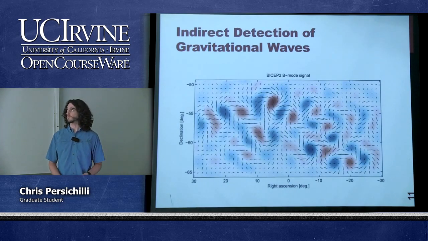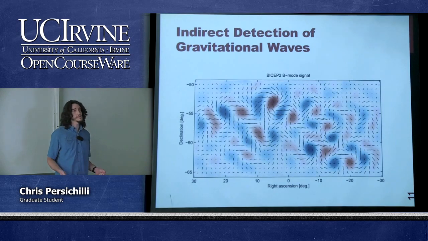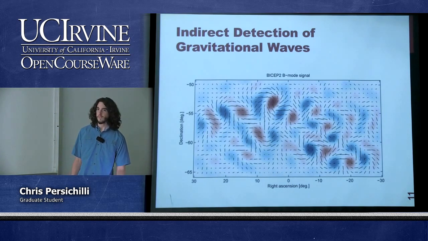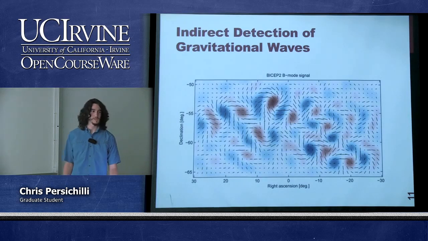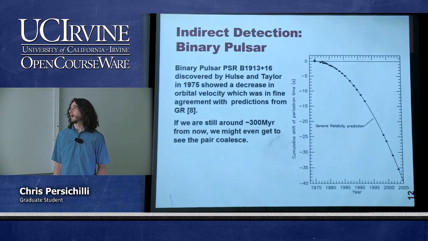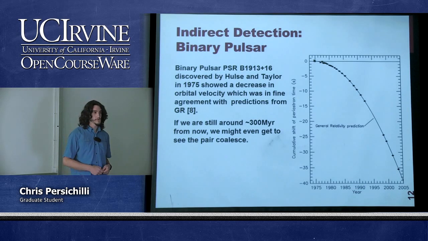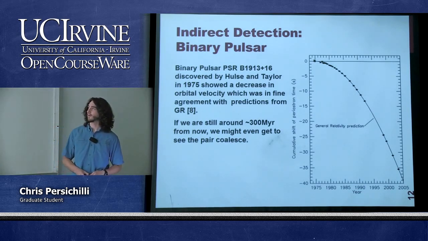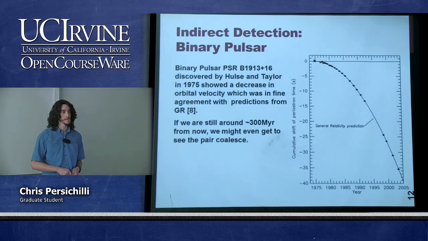Okay, so moving on to indirect detection of gravitational waves, which doesn't sound as exciting, but in reality is where we've been more successful in actually proving that there's a reason to believe that these things exist. So the first real confirmation that gravitational waves are a thing came from Hulse-Taylor's observation of a binary pulsar.